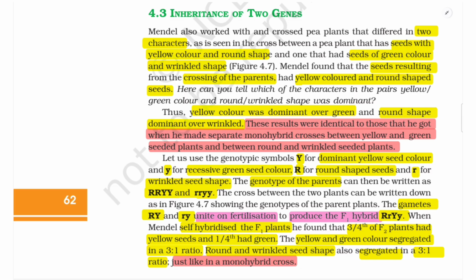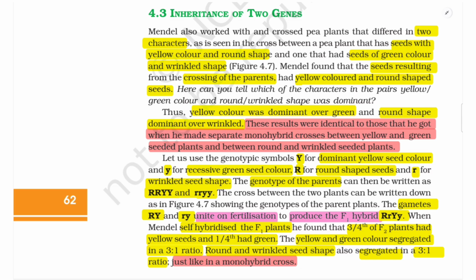These results were identical to those that he got when he made separate monohybrid crosses between yellow and green seeded plants and between round and wrinkled seeded plants. Let us use the genotypic symbols capital Y for dominant yellow seed color and small y for recessive green seed color, capital R for round shaped seeds and small r for wrinkled seed shape.